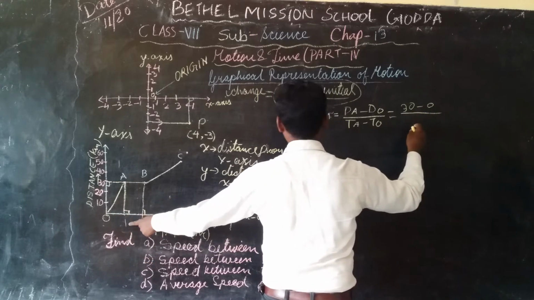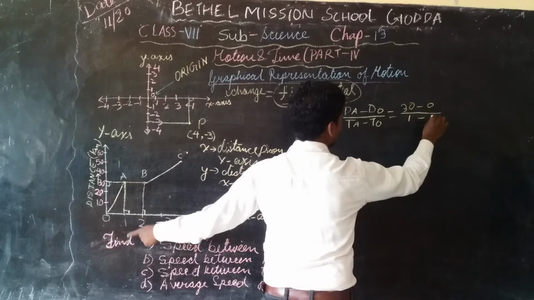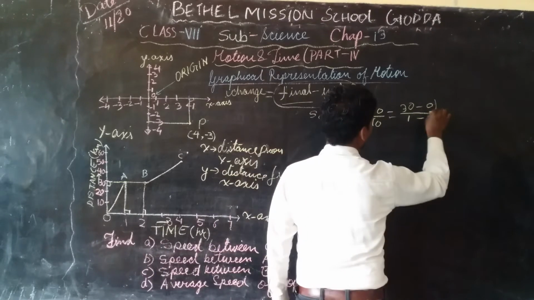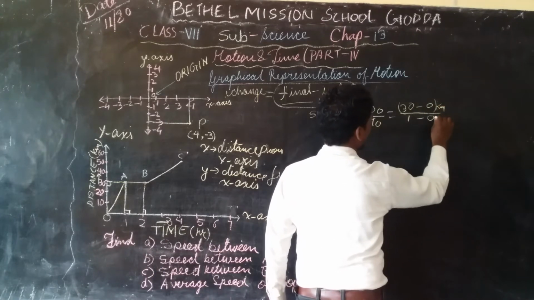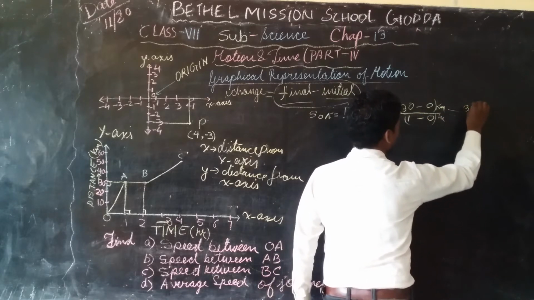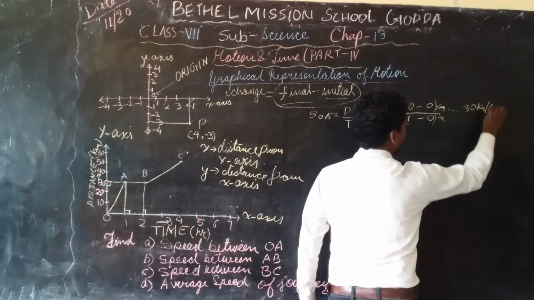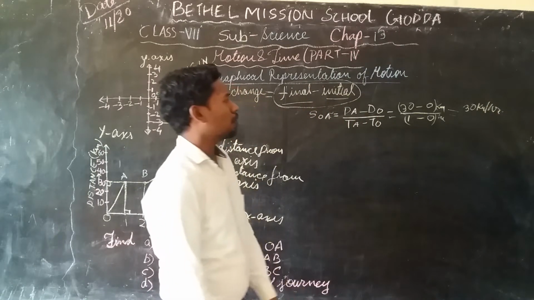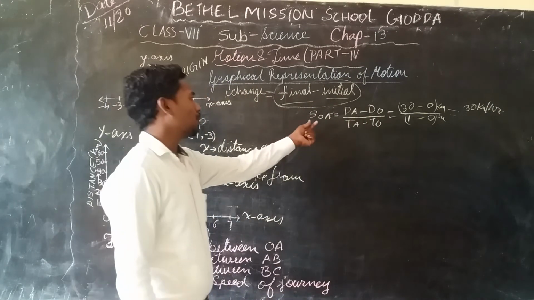TA is 1, and here it is 0. So this is kilometers and this is hours. So what do we get? 30 kilometers per hour. This is the speed between O and A.